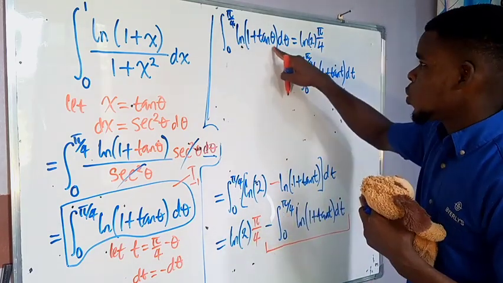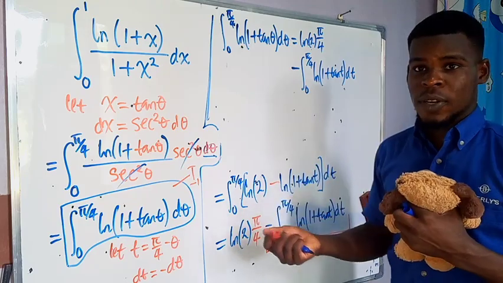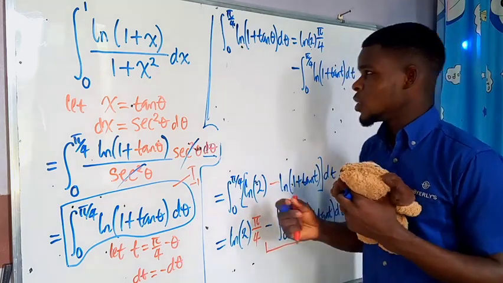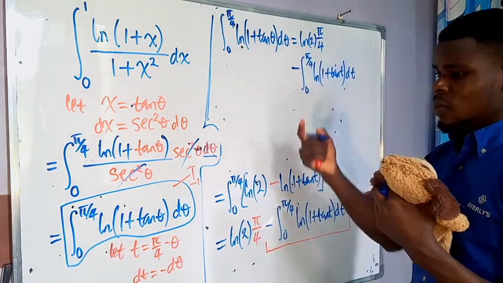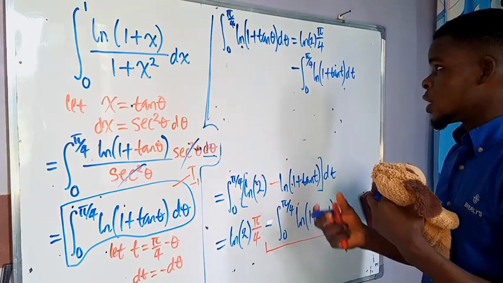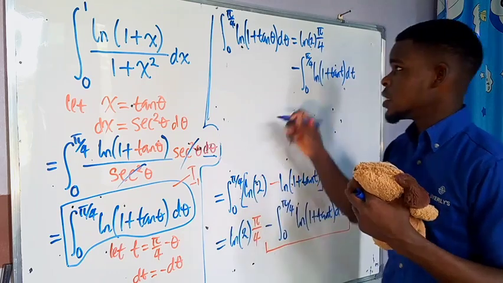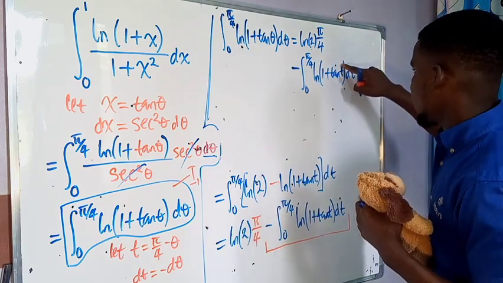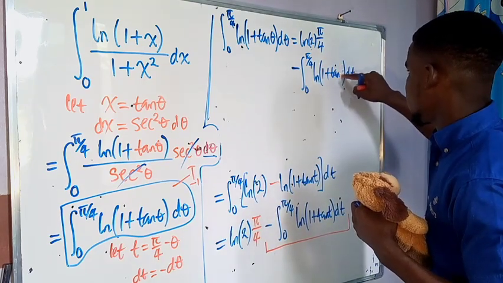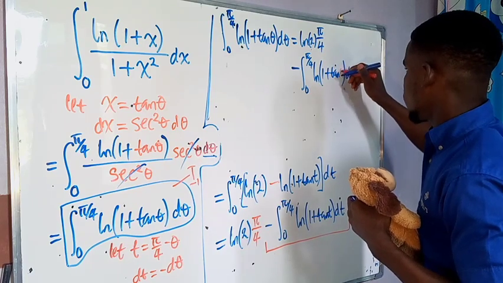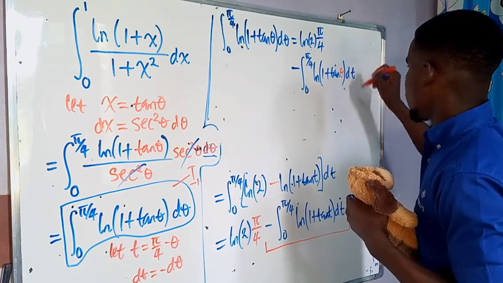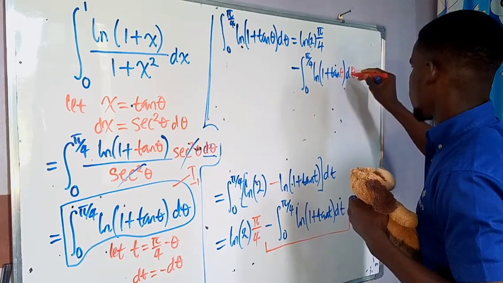So the variables here are called dummy variables. It doesn't matter what they are. If they are theta, I can change them to t as much as I want. It does not change the result of the integral because these are just dummy variables. So because of that, I would like to change this from t to theta, and then change this from t to theta.